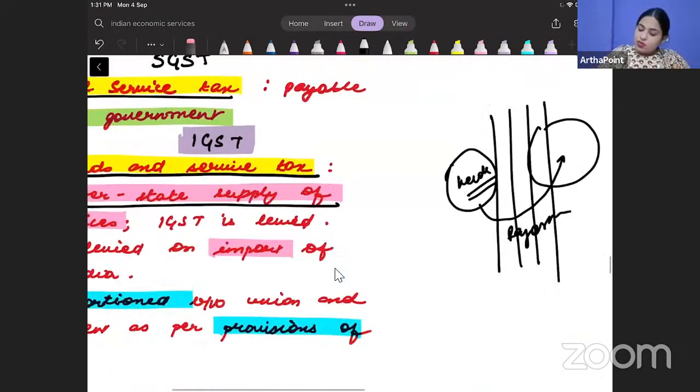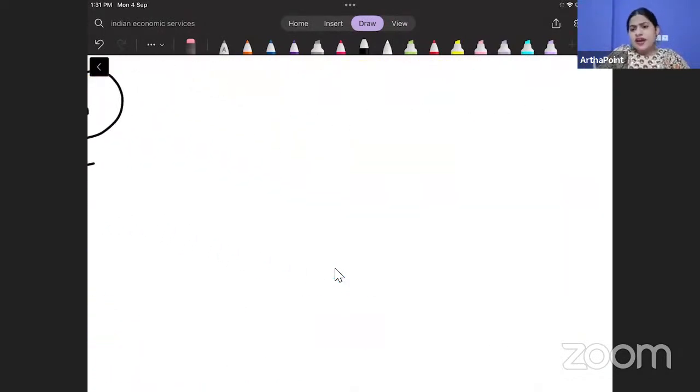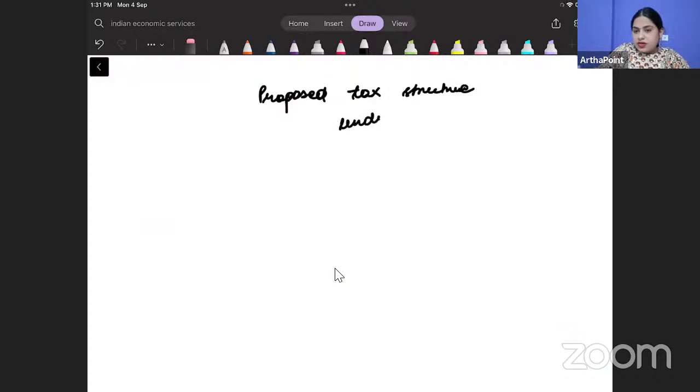So beta, what we can do is we can divide our business in 2 parts. So let me give you, please write down the proposed tax structure under GST regime.